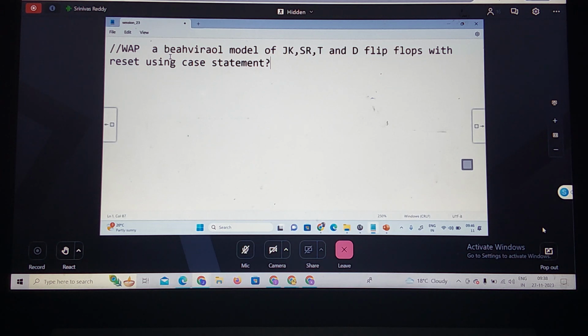J0, K0 is memory state, 0, 1 is reset, 1, 0 is set, 1, 1 is toggle in the case of JK flip-flop. Can you write a program for this quickly? At least if you write one, you will understand how to write the next ones. So write a behavioral model of the JK flip-flop with the reset.